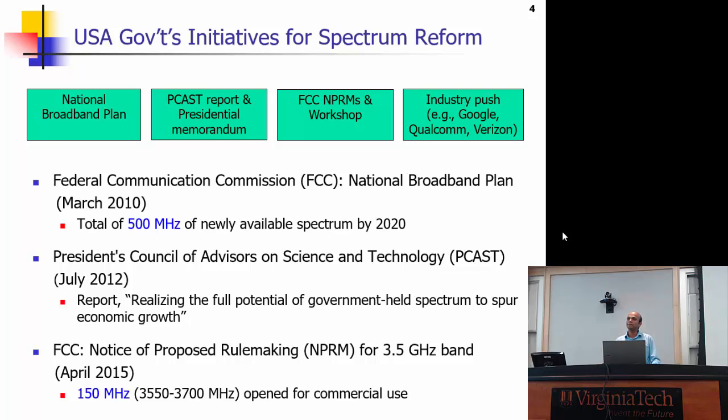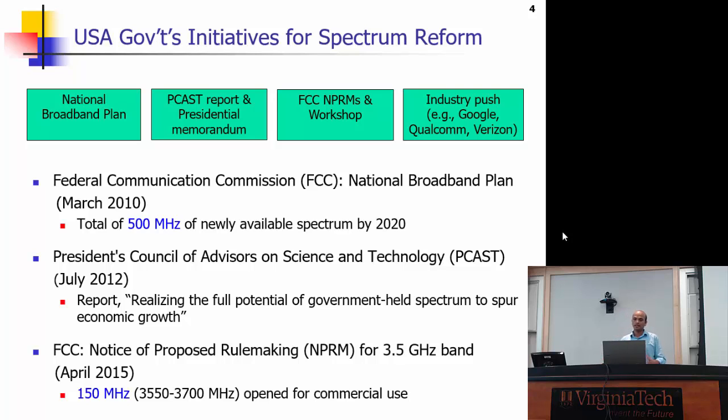Then came the PCAST report, which put up the roadmap for opening up dynamic spectrum access for federal spectrum. And recently, in April 2015, we have the final version of the NPRM, which said that the 3.5 gigahertz band could be used for commercial purposes. And 3.5 gigahertz is generally used by the radars of the federal government.